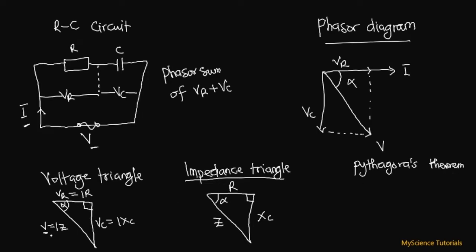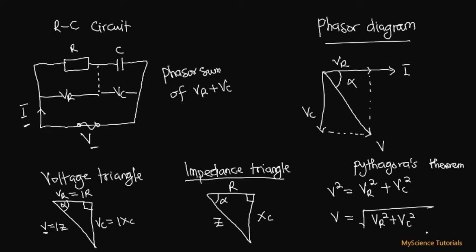We know that the resultant, which is the longest side or the hypotenuse, V squared, will be equal to the sum of the adjacent and the opposite squared. So we have VR squared plus VC squared. If we make V the subject, we get the root of VR squared plus VC squared.